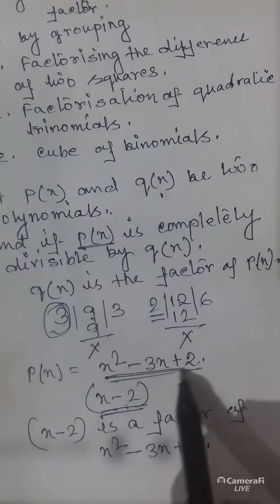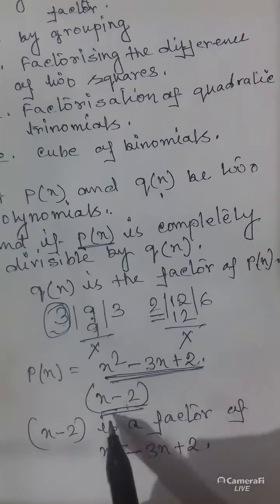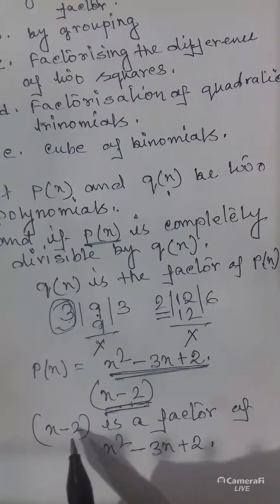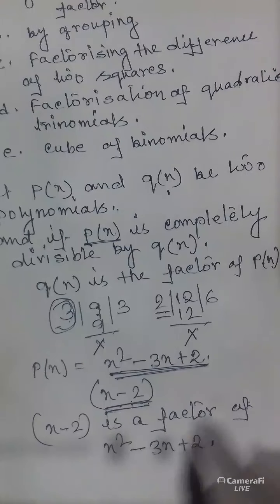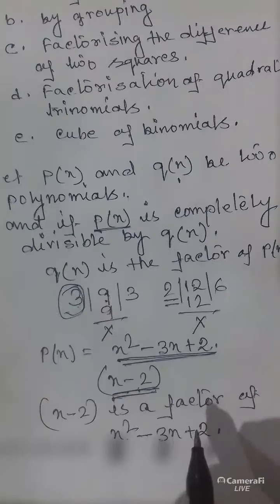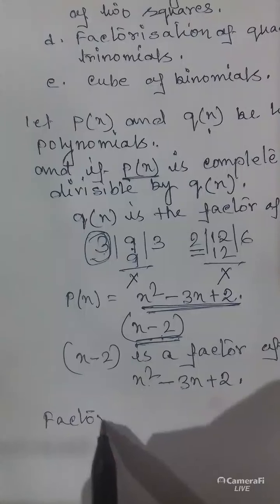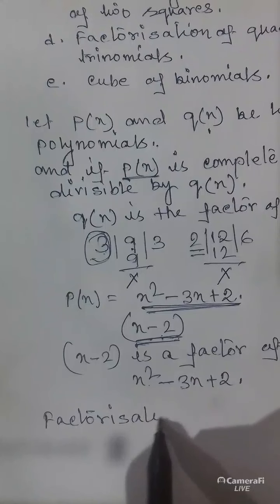If x square minus 3x plus 2 is completely divisible by x minus 2, then we can say x minus 2 is a factor of x square minus 3x plus 2. This is the factor and factorization.